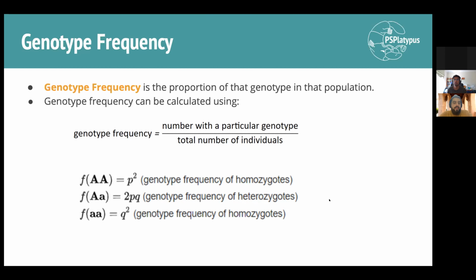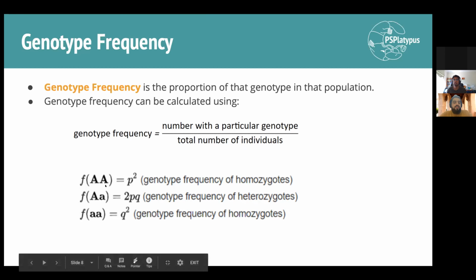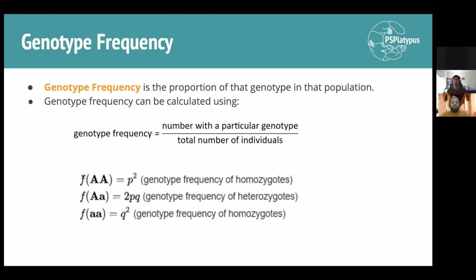And it actually equals: the genotype AA, the homozygous dominant trait, is equal to the allele frequency of the dominant trait squared, P squared.